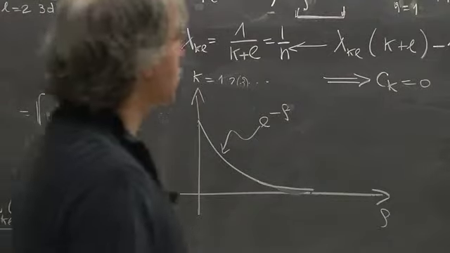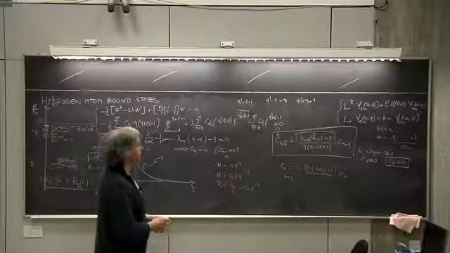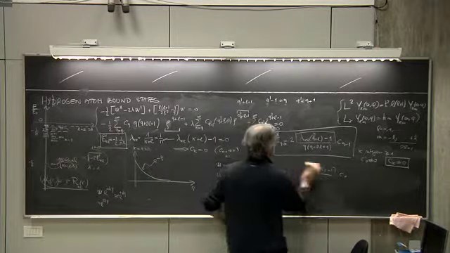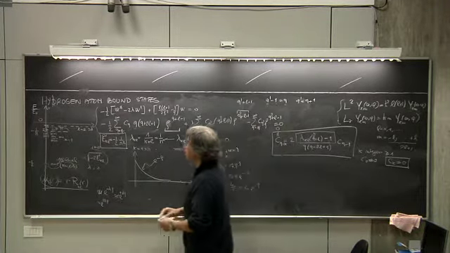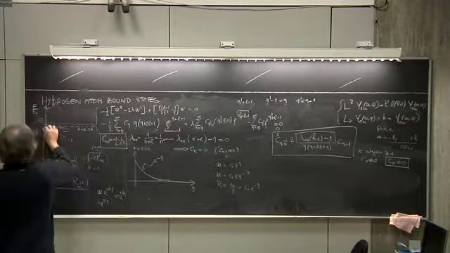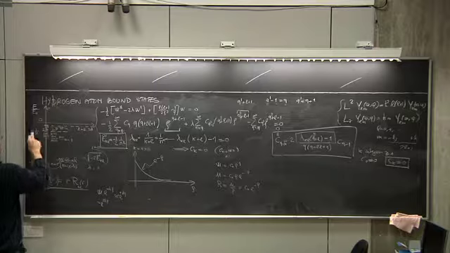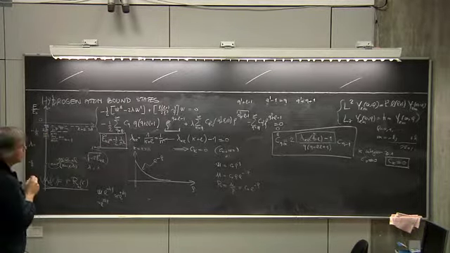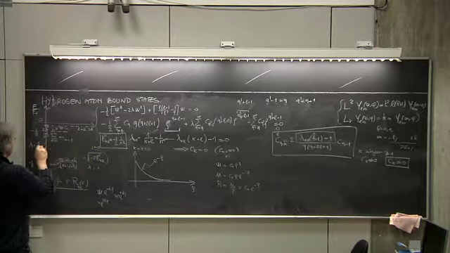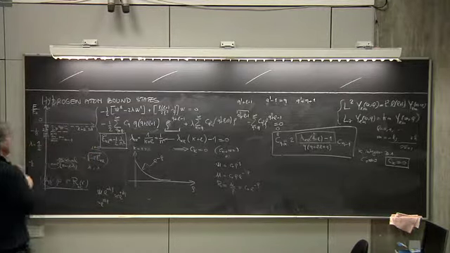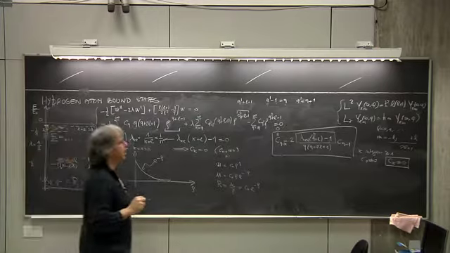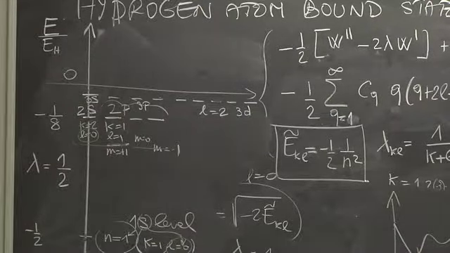Okay, let's quickly do a more complicated exercise. For instance, let us do this thing here. Now here, lambda for the 2s, 2p, lambda is equal to 1 over n, so 1 over 2. Lambda is 1/2. Now, let me put here, okay.